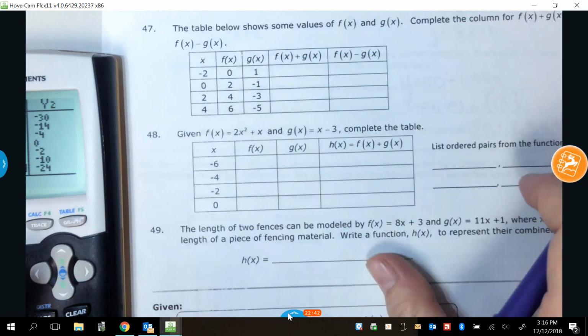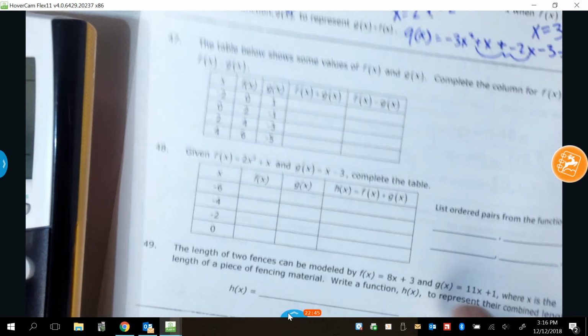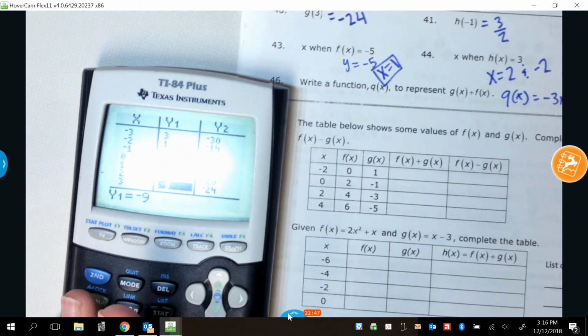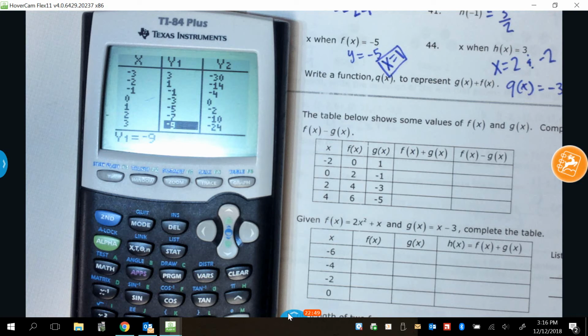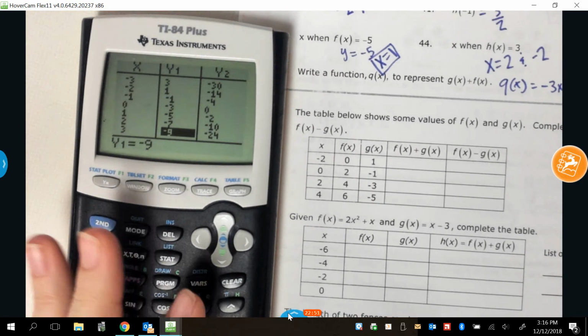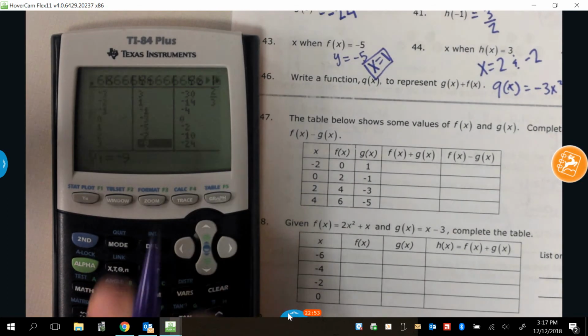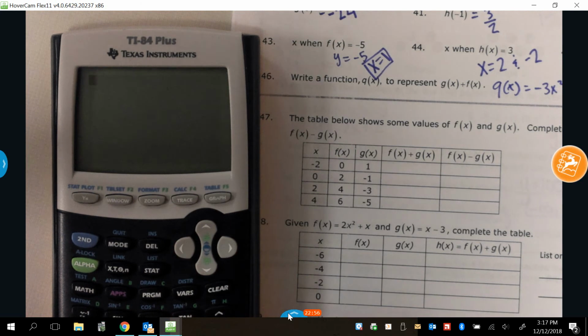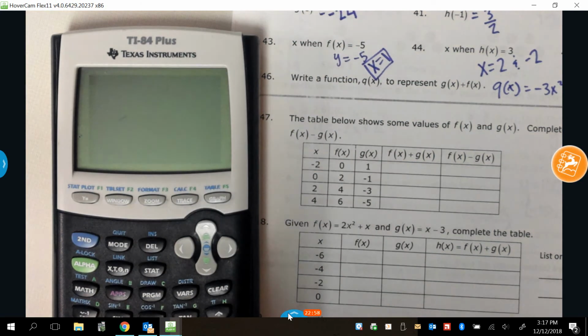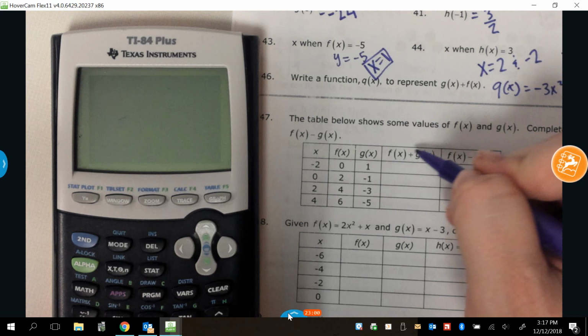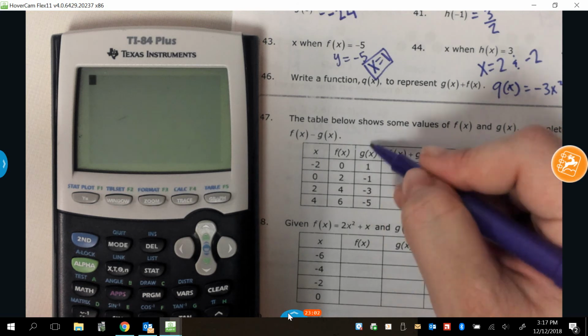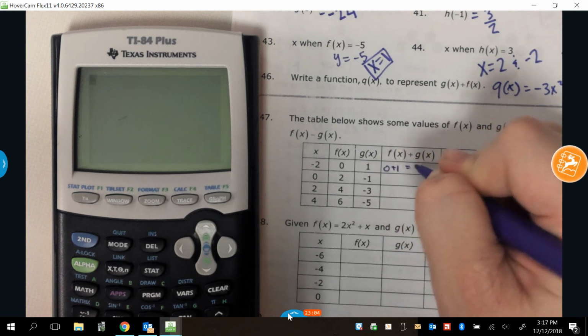Okay, here it wants us to find f of x and g of x, adding and subtracting. So I'm going to turn this off. Okay, so we can do this in our calculator. We can type 0 plus 1 because f of x plus g of x, this is f of x, this is g of x, so 0 plus 1 is 1.